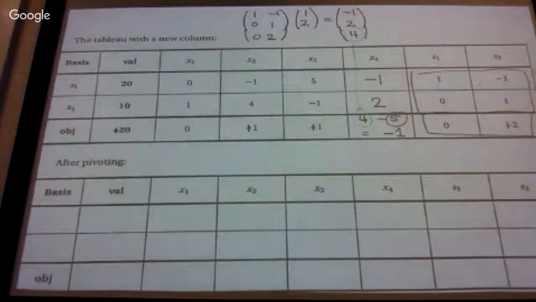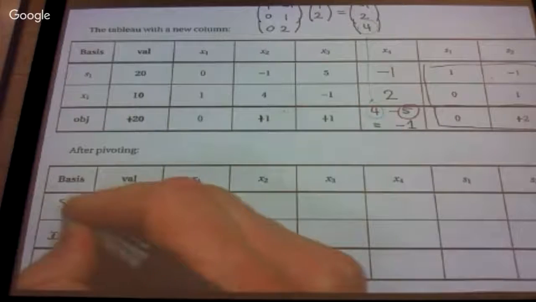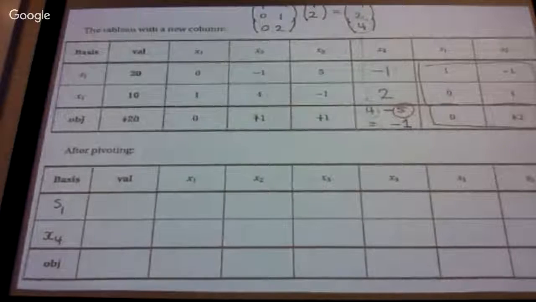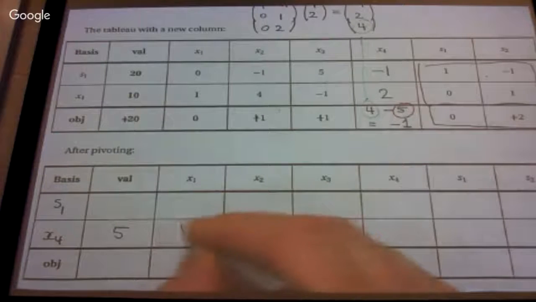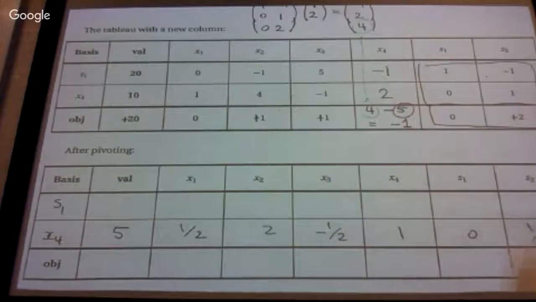So what's supposed to happen is x1 is replaced by x4 in the basis, s1 stays in the basis. The whole x4 row is just a half of what it was, so it should be 5, 1 half, 2, minus 1 half, 1, 0, 1 half.